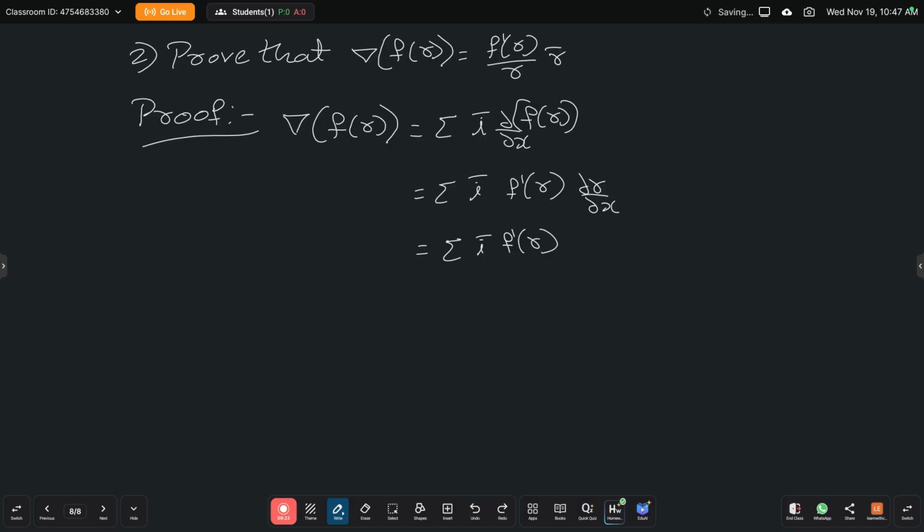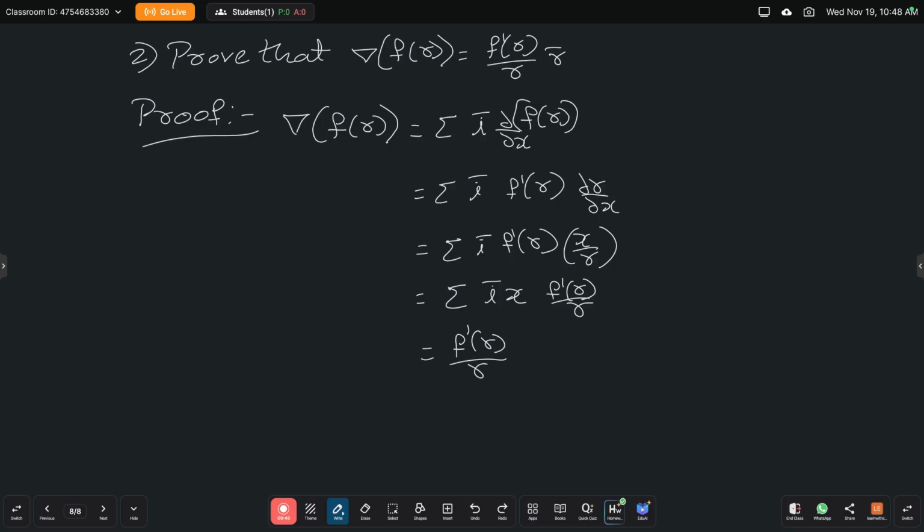Dou r by dou x is x by r. Then here Σ i bar into x into f dash of r by r. If you observe, there is no effect of the summation on f dash of r by r, so we can bring it outside of the summation.